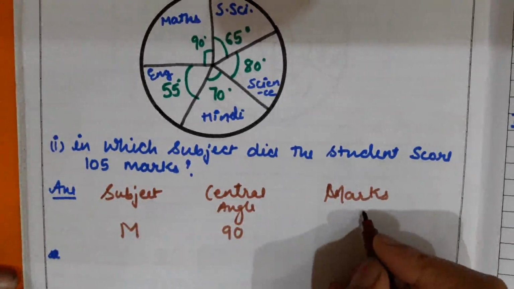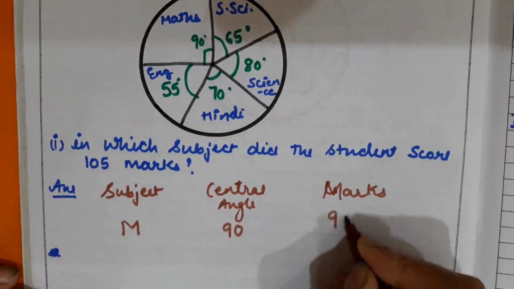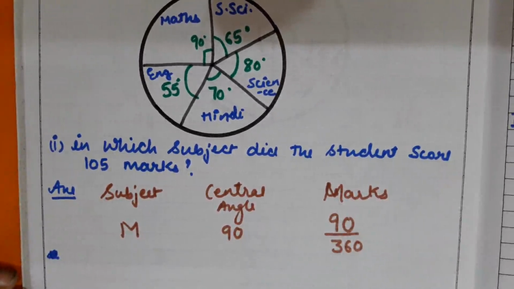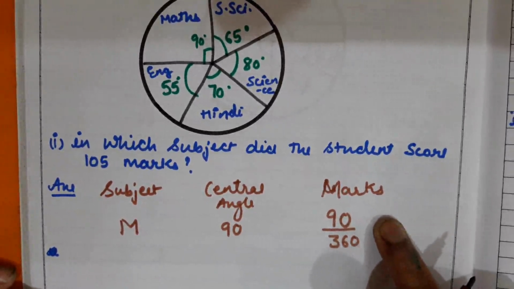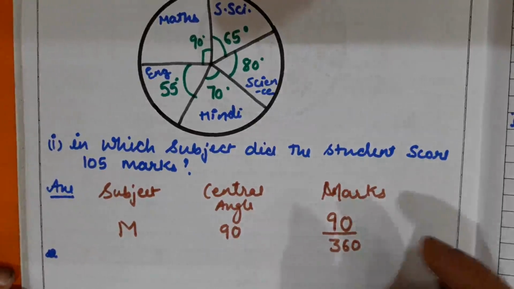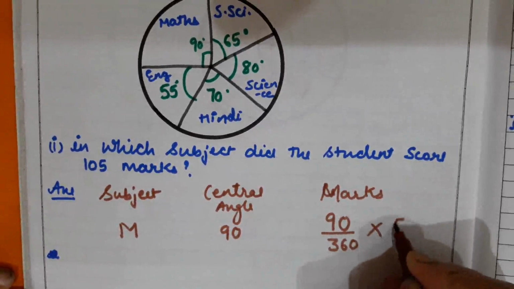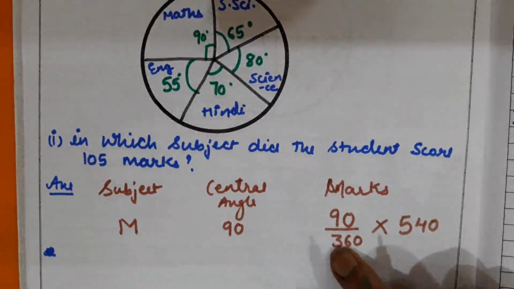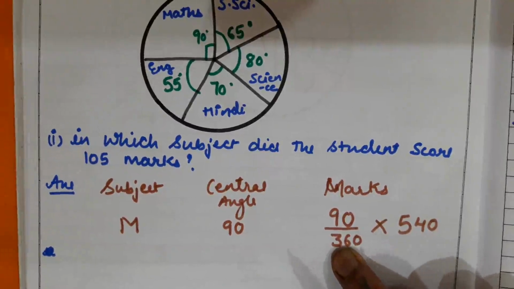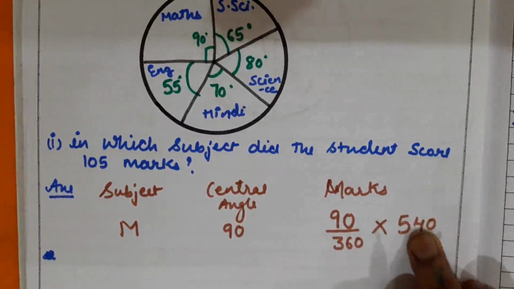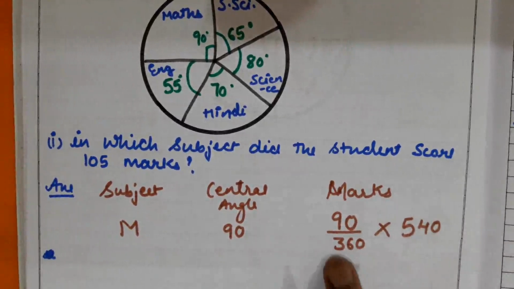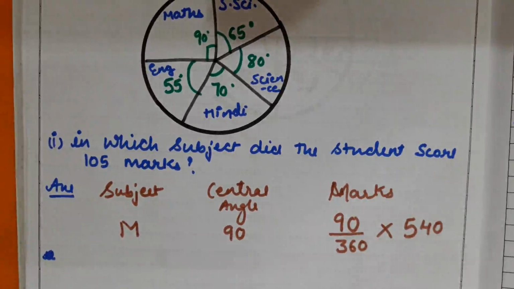How can we find out the marks? 90 divided by 360, because now we are converting into marks. So instead of multiplying with 360 we have to divide by 360 and multiply by total marks 540. In the previous question total marks was in the denominator and we multiplied with 360, because we were finding the central angle. This time we want marks, so they are reciprocal to each other. Swapping is there.